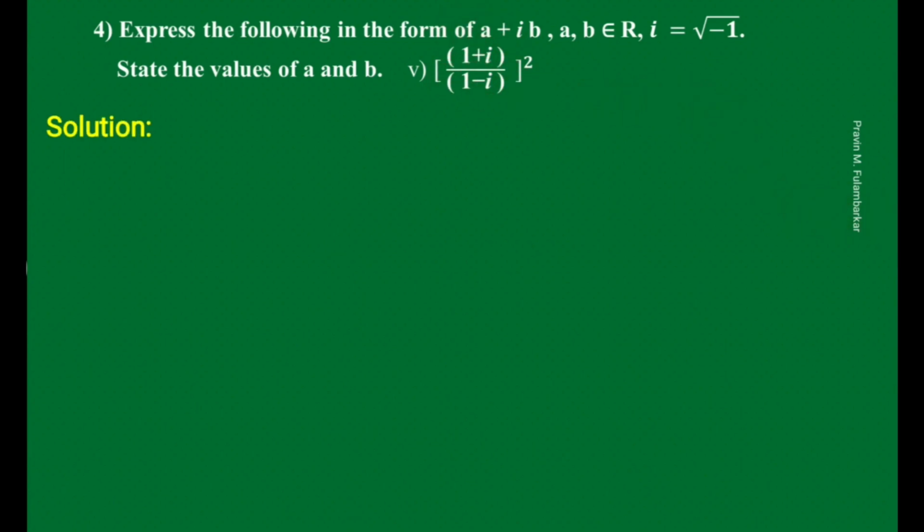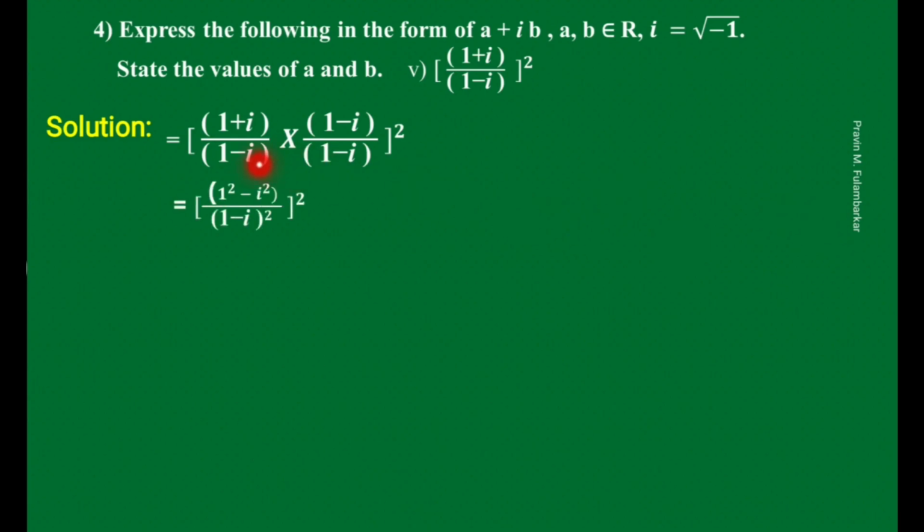So see here, we multiply and divide by 1 minus i to the given term in the bracket. So we write in the numerator (1 plus i)(1 minus i), that is 1 square minus i square. In the denominator we write (1 minus i) square.